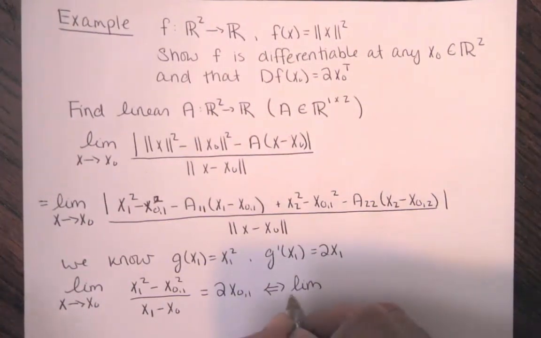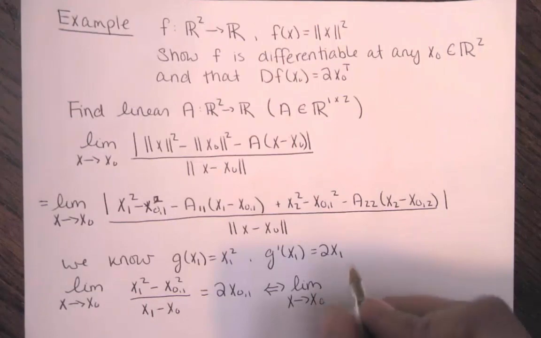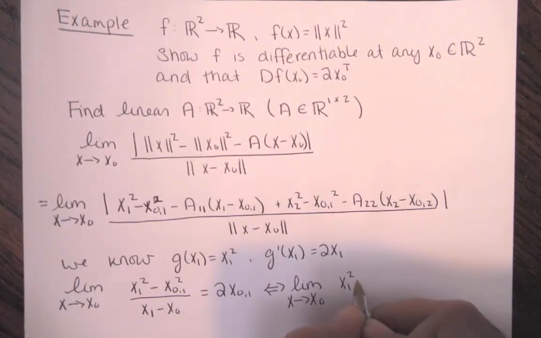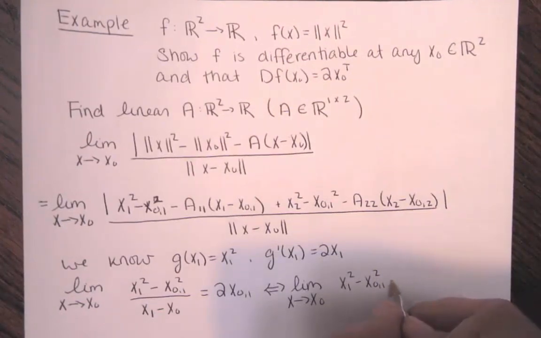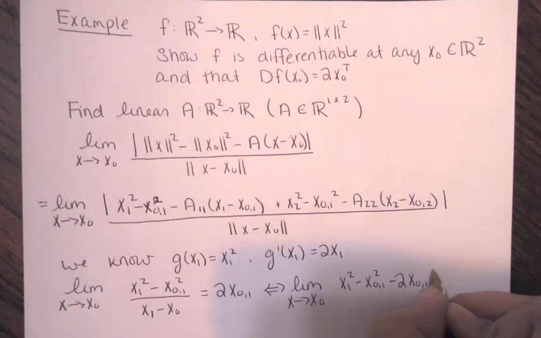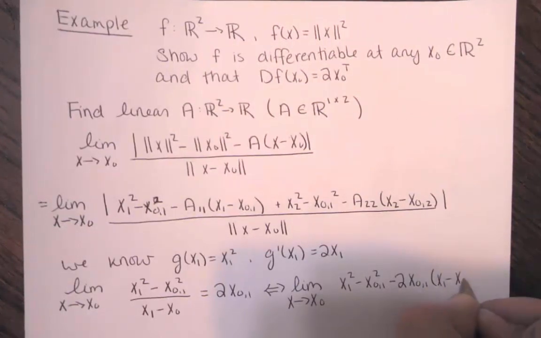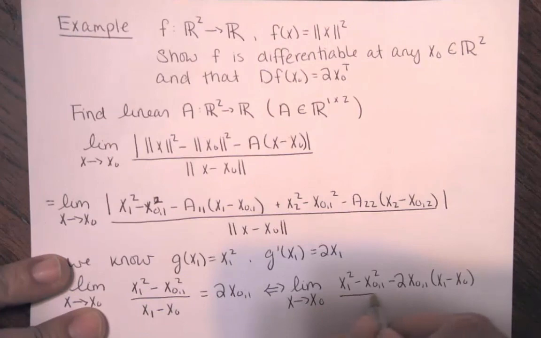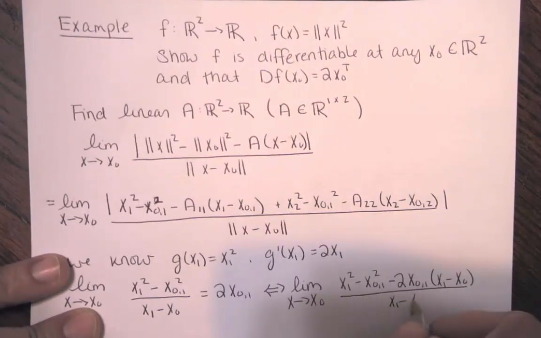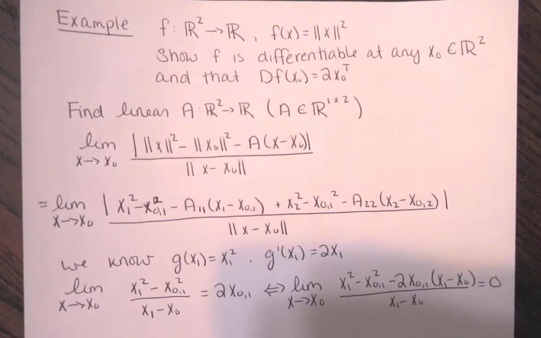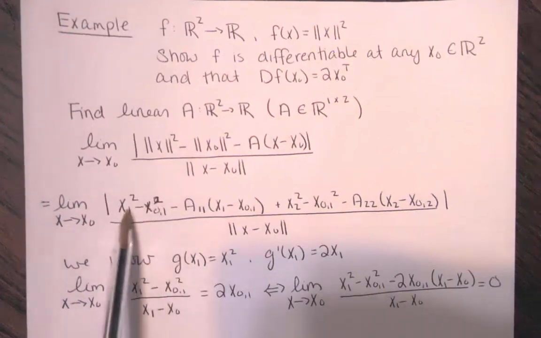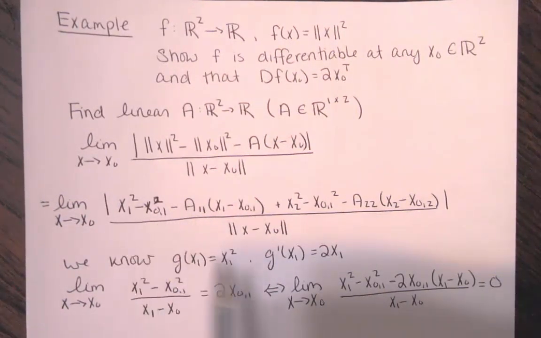That means the limit as x approaches x naught of x1 squared minus x naught 1 squared minus 2x naught 1 times x1 minus x naught, divided by x1 minus x naught, equals 0. And notice that this numerator looks a lot like this term here, right?